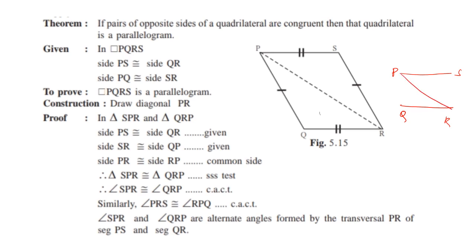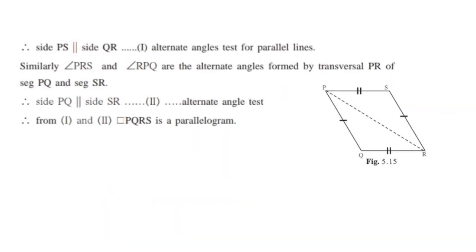So angle SPR and angle QRP are alternate angles, isn't it? So with the alternate angle test, we can say that segment PS is parallel to segment QR. Therefore, side PS is parallel to side QR, by the alternate angle test for parallel lines.